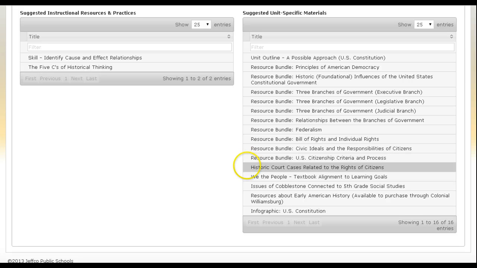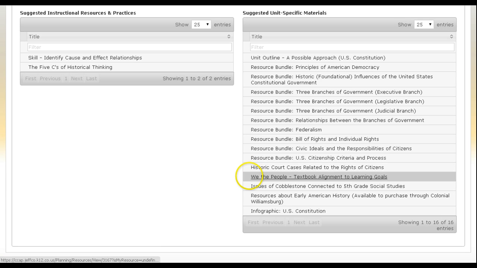Down here at the bottom, you're going to see some other items that didn't fit very nicely into a resource bundle. So you might look at some of these to support you. Historic court cases related to the rights of citizens. In many of our schools, there's the We the People textbook that comes from the Center for Civic Education. So you can see just a single list of the different pages within that text that are aligned to this unit of study.